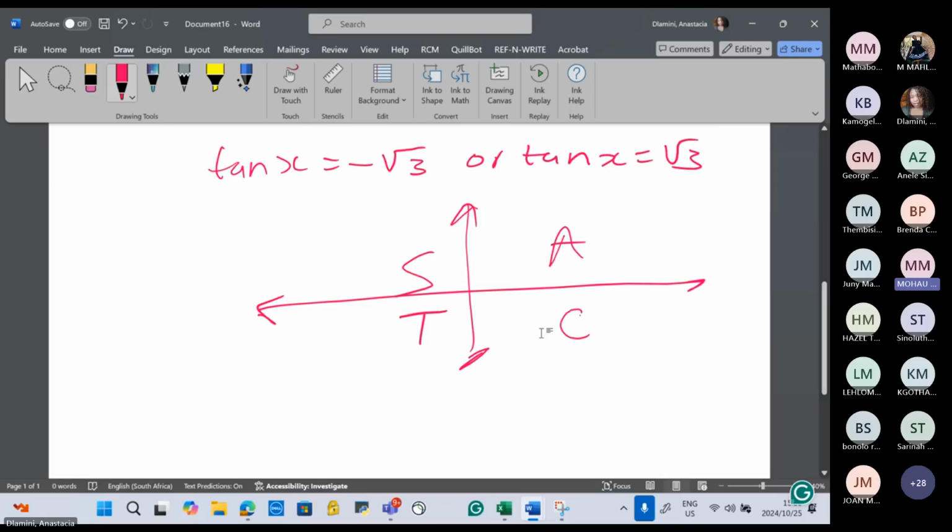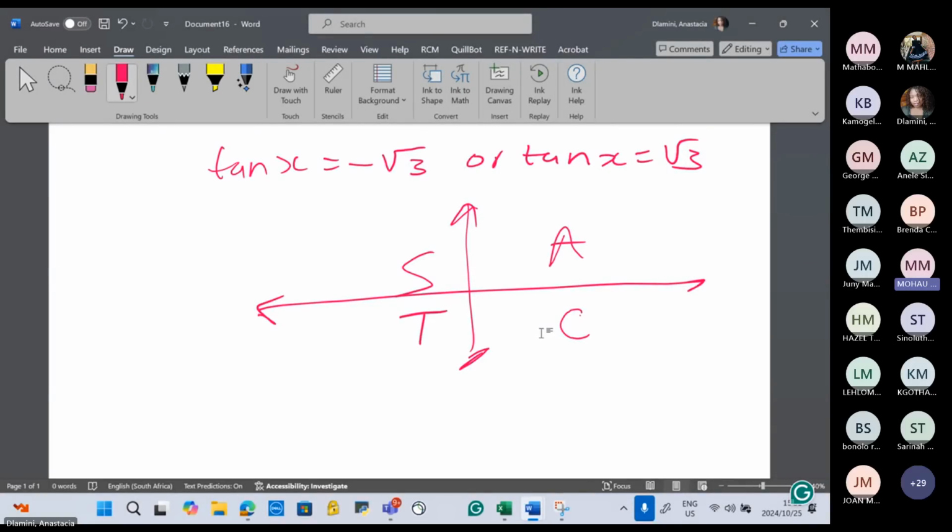Since it's positive, we're going to check where tan is positive, which is our third quadrant. In the third quadrant, we know that it is pi plus theta. So we say pi plus pi over 3, which will give us 4 pi over 3.